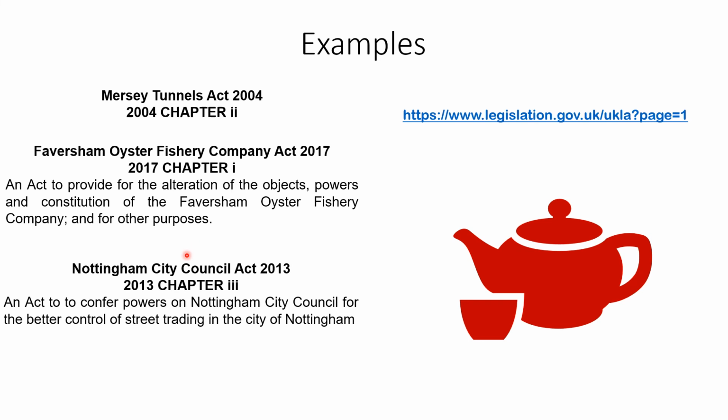And the final example, Nottingham City Council Act 2013, was an act to give Nottingham City Council the right to better control street trading in the city of Nottingham. In other words, to put restrictions up and make bylaws about street trading.